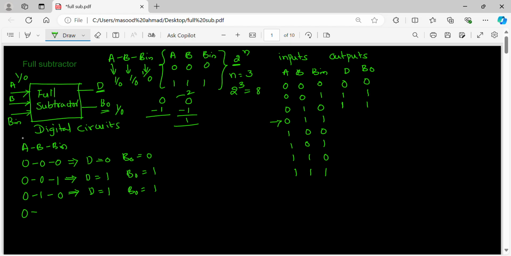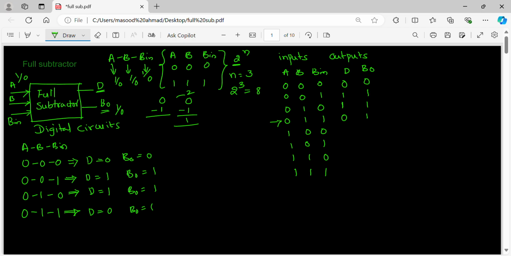Next, let's look at this case. 0 minus 1 minus 1, what exactly is it going to give us? 0 minus 1, borrow is there. I am left with 1, and that 1 minus 1 is 0. So D is 0. The partial difference I got is 1, and that 1 minus 1 is 0. So this is 0, this is 1.